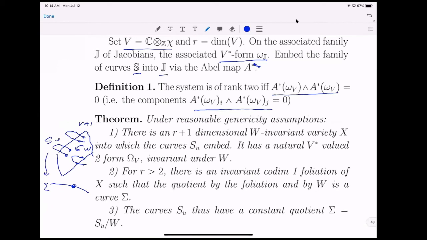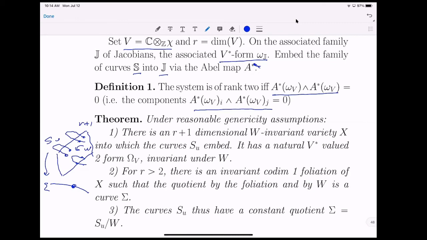So the difference in this Weyl invariant setup is that the curves all have a simultaneous quotient. I mean, they're Weyl invariant, so there is a quotient, but the quotient's always the same.